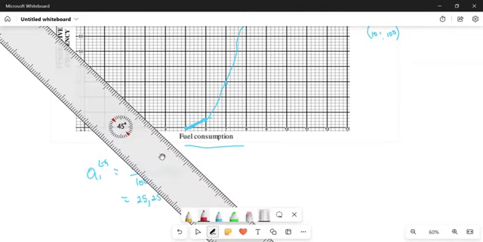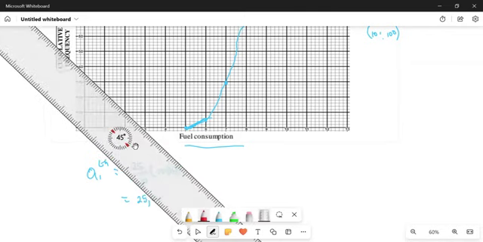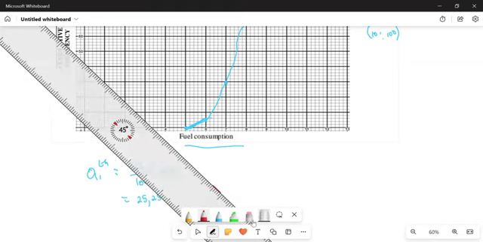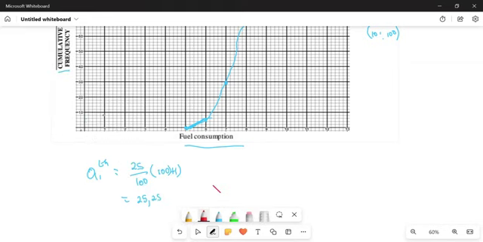If you use your ruler, you go to 25. Okay? 25 is on the Y. So here you have 20, 22, 24, 25 is in between. Okay? And then if you go from 25 and then you go straight, you touch the graph again.